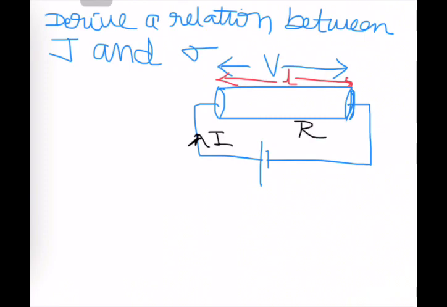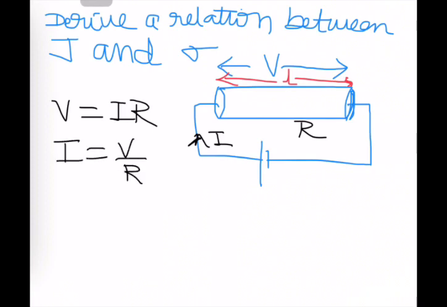Now, according to Ohm's law, the potential difference is related to the current passing through the conductor as V is equal to I R. Therefore, I is equal to V by R. But already we know that resistance depends on the resistivity by using the equation R is equal to rho into L by A. Now replace R with this equation.